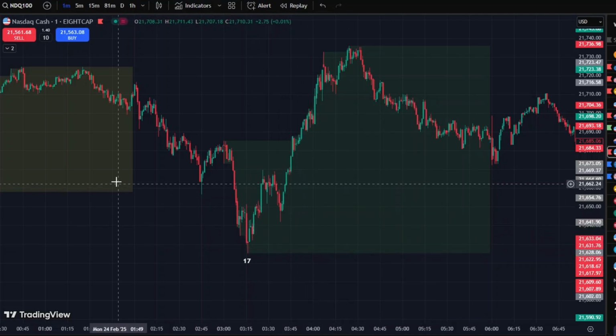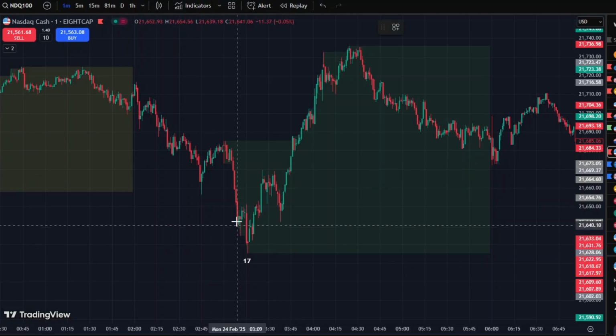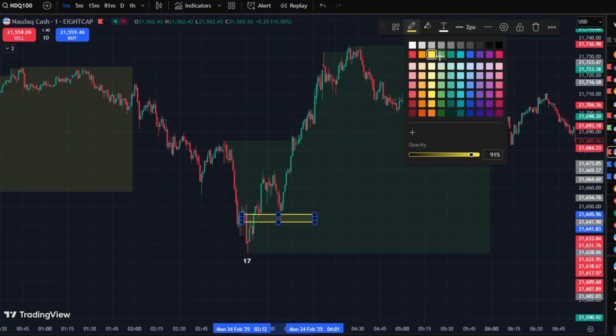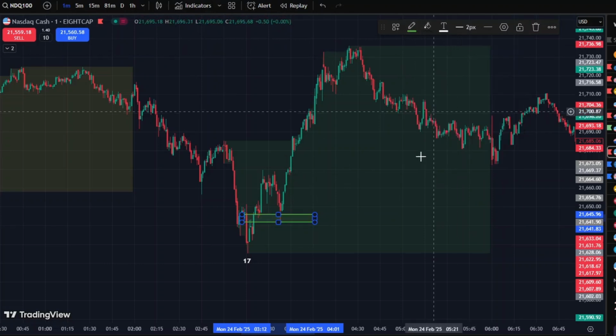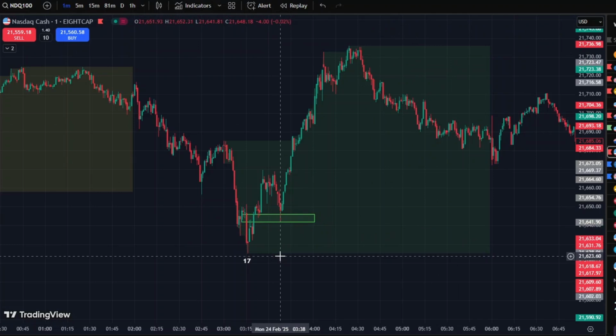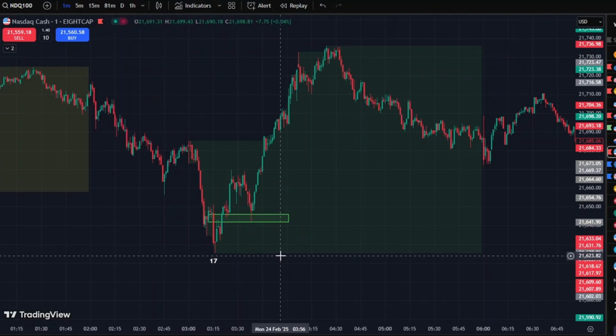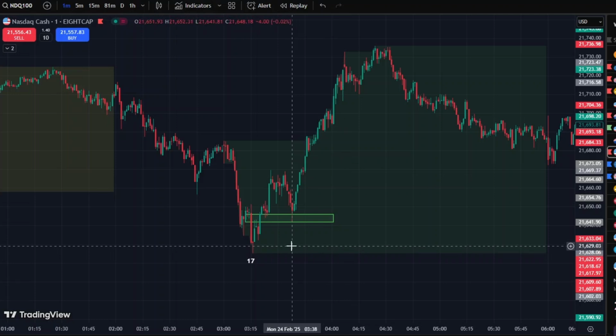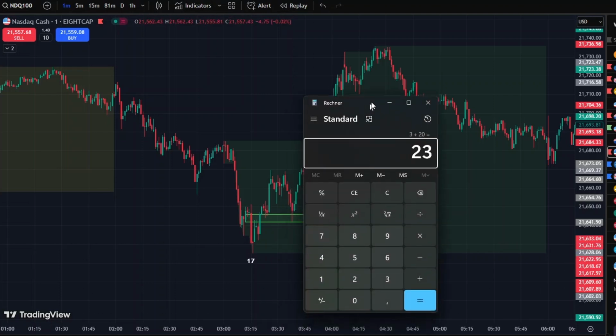This fair value gap becomes an important fair value gap, so we can take longs without any problem. See, it respected the fair value gap, and the important thing, see when this lower high got created at 3:38. Let's use the calculator.